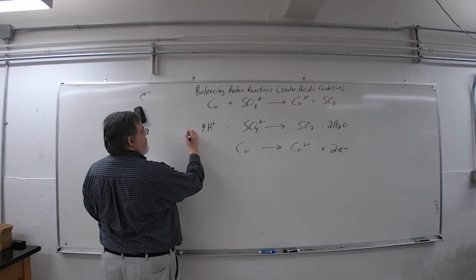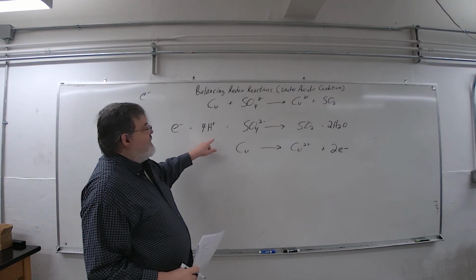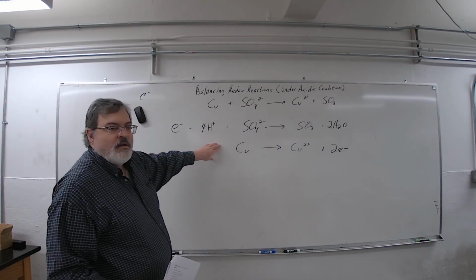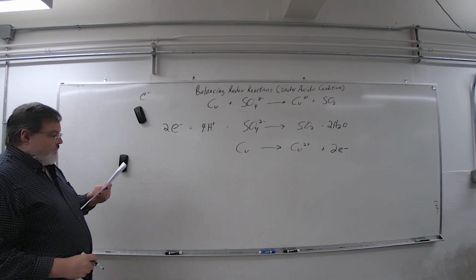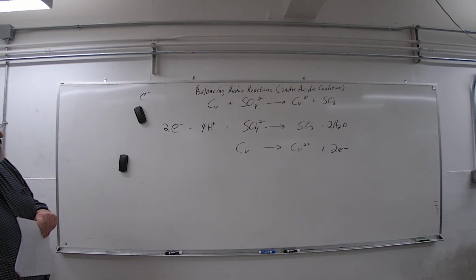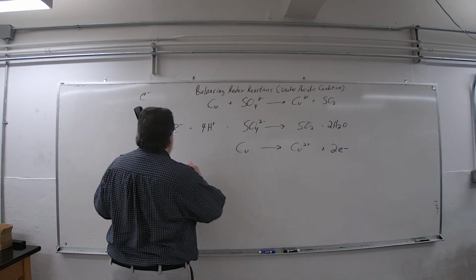How many do I need to add? 4 plus, and then 2 negative, so we're at 2 plus over here. And there's no multiplying. Our electrons match. 2 electrons over here, 2 over there, so we don't have to multiply through by anything.